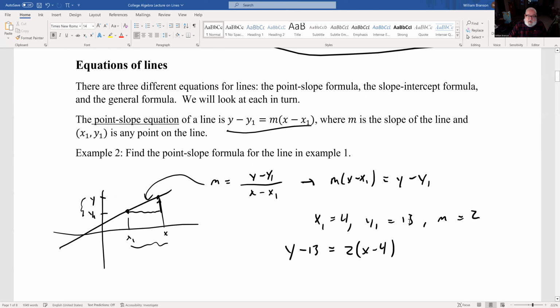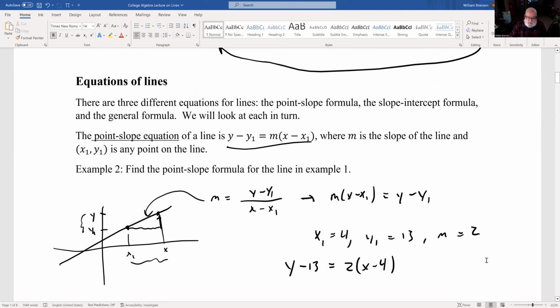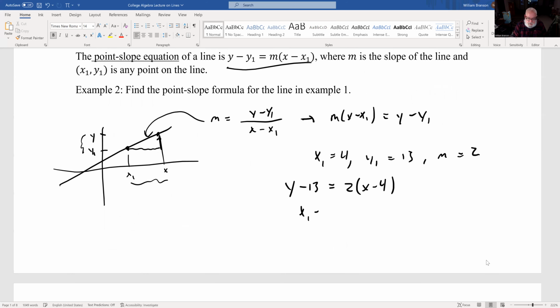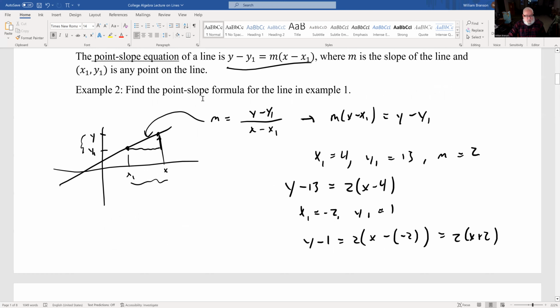If we take the other point, which is -2, 1, you get y minus 1 equals 2 times x minus the quantity -2, but x minus -2 is x plus 2. So we can write that as y minus 1 equals 2 times x plus 2. So there's 2 different point slope formulas.